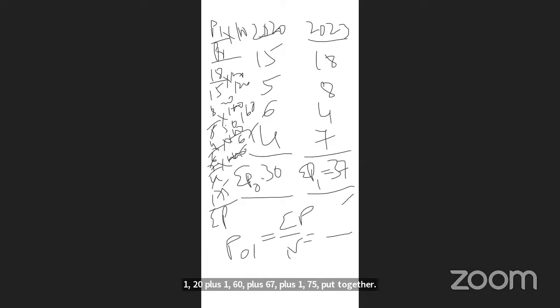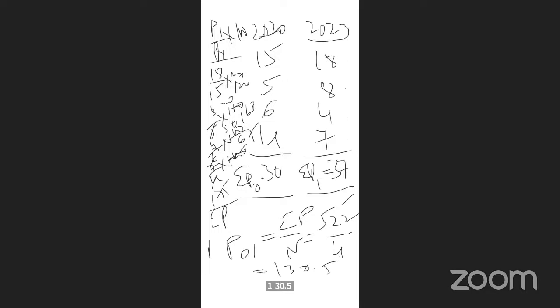Ma'am, 522. 522 divided by 4, n is equal to 4, gives 130.5. This is the arithmetic mean method, actually. Once the price relatives are calculated, using the arithmetic mean, this is the formula which we apply.